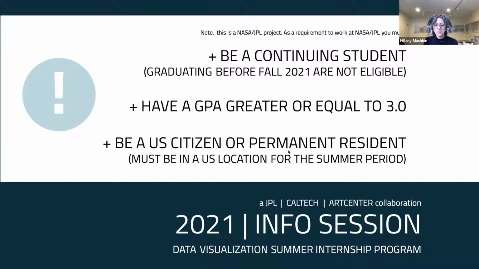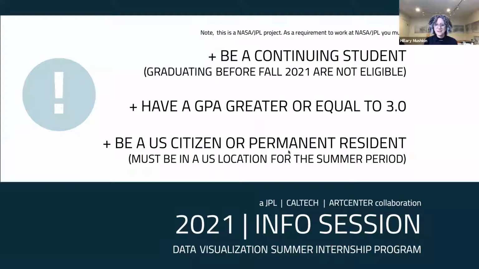The students that we hire have to be continuing past the summer, meaning that if you're graduating before the fall of 2021, you are not eligible for the program. They need to have a GPA of 3.0 or higher, and they need to be US citizens or permanent residents. The other additional thing, now that we're doing things in the virtual world, is that they need to be in a US location for the summer period.